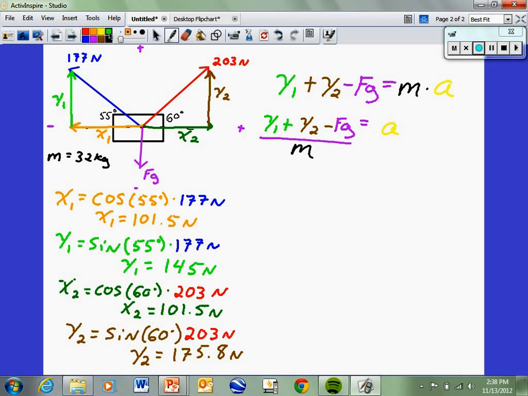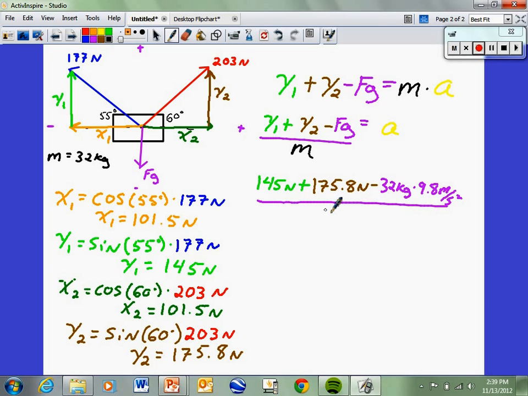From here I can plug in my numbers. y1 is 145 newtons. y2 is 175.8 newtons. Force of gravity is mass of the object, which is 32 kilograms times 9.8 meters per second squared.